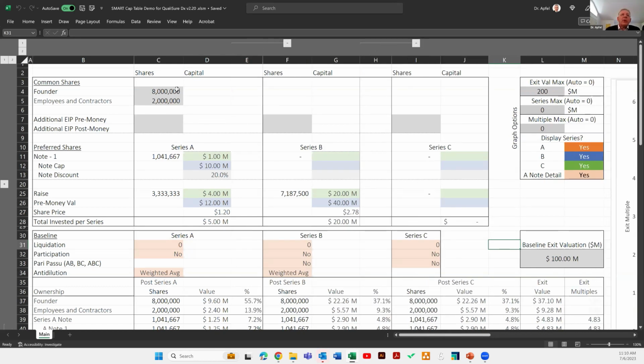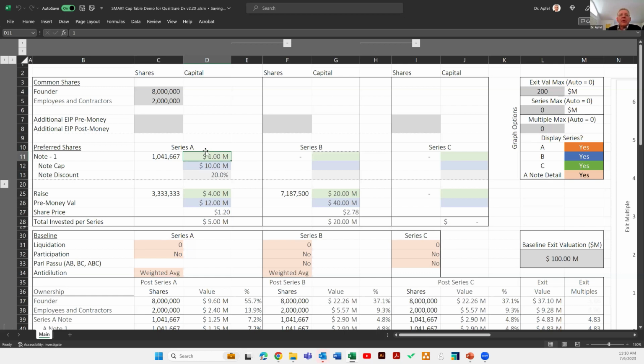What I should do is expand on this here. We usually put in the fields how many shares there are for the founder and the employees and contractors. Often we start off with 10 million shares. And then imagine there is a note, the very first note before it converts to the first series. Often they are called seed, and often they are now called pre-seed.